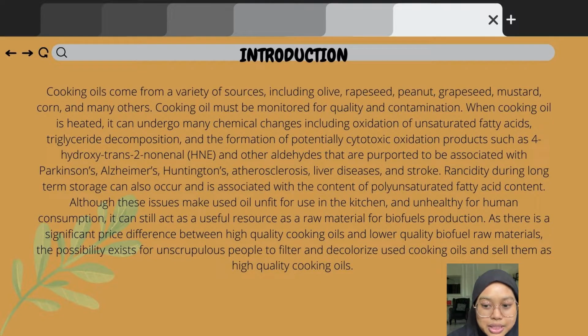The possibility exists for unscrupulous people to filter and decolorize used cooking oils and sell them as high-quality cooking oils.